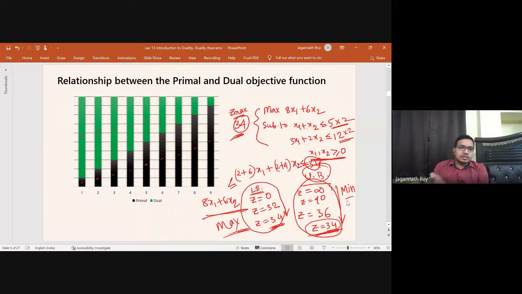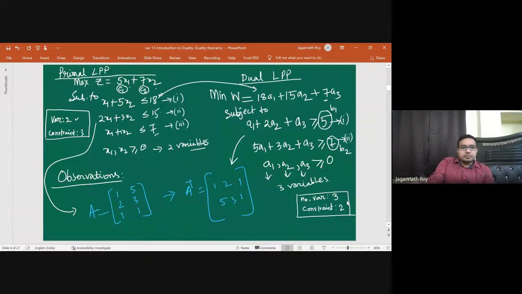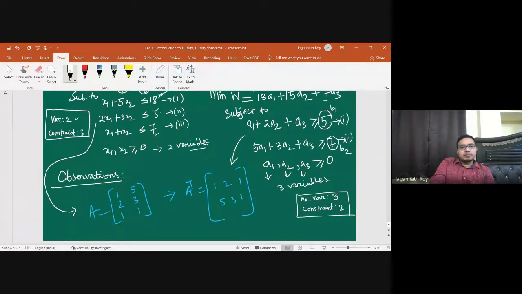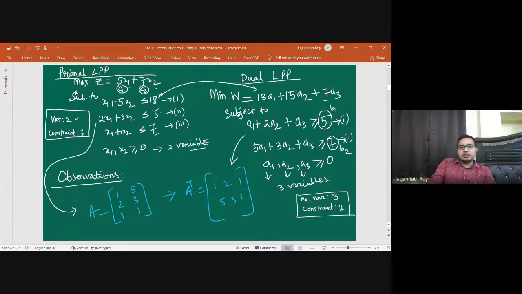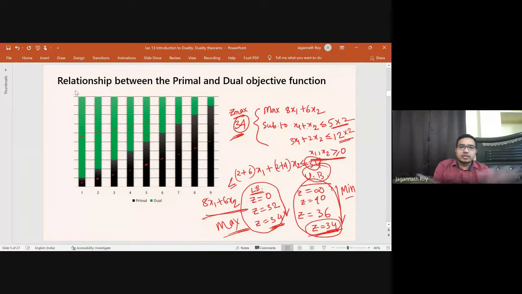So at that optimal stage, the objective function of the primal problem and the objective function of this dual problem will coincide. But remember, this is only true for the linear case. If it is a non-linear problem, then this relation does not hold.